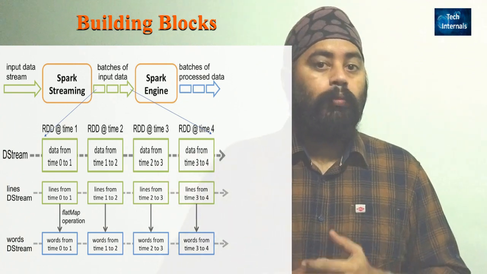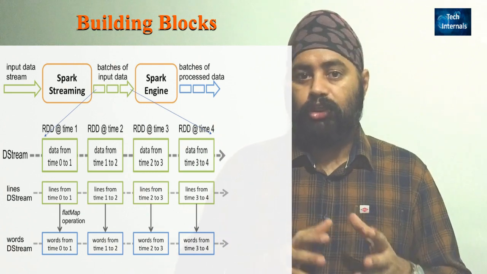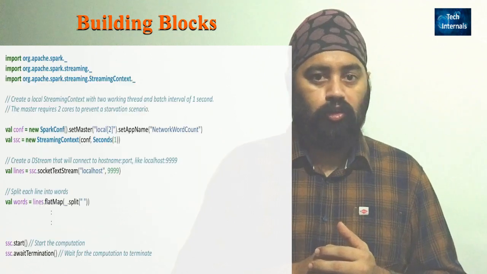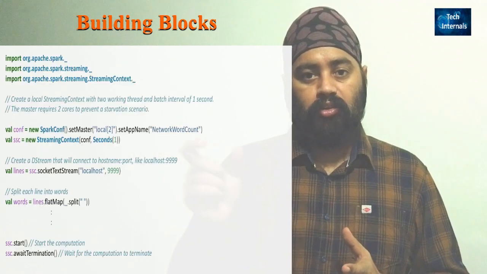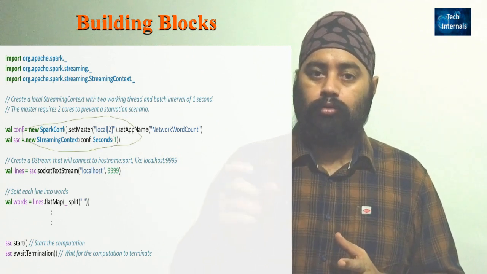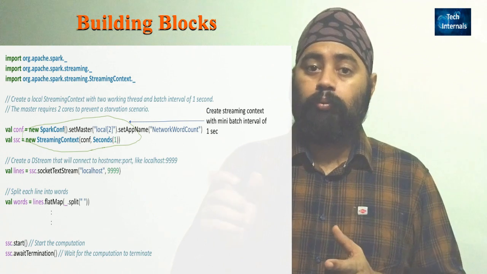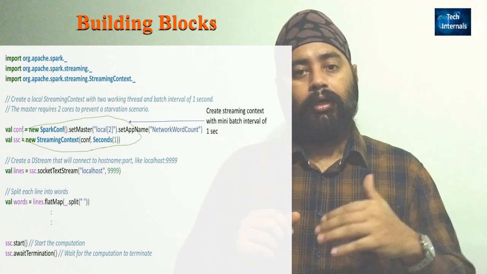Let's see how exactly you write a Spark application. You initialize a context of Spark Streaming, and you define your data source. It could be a file data source, it could be input streams, it could be a socket. Let's talk about a web socket, where I create a socket on a particular port which is generating data in real time.